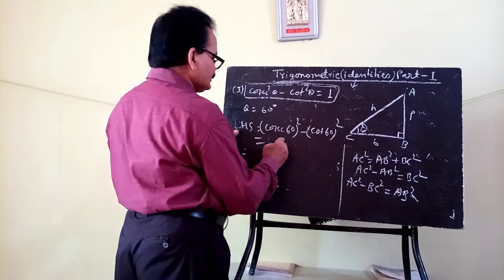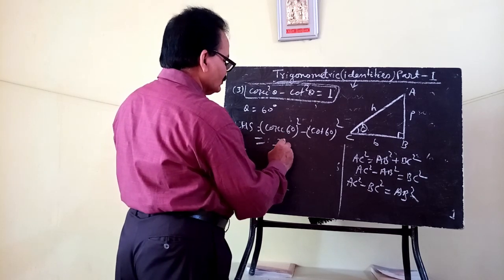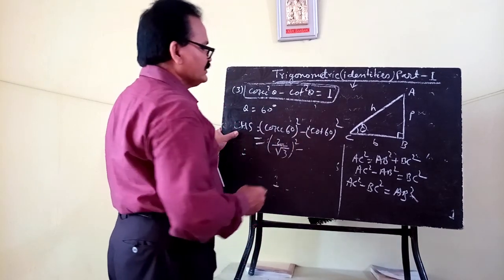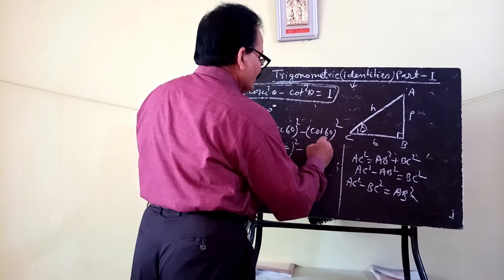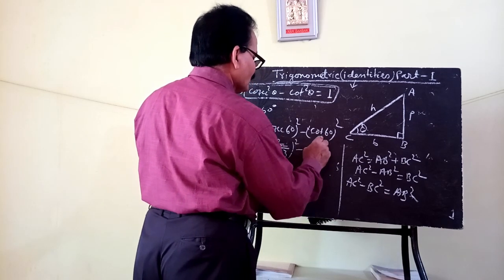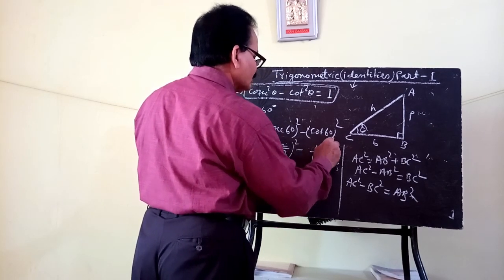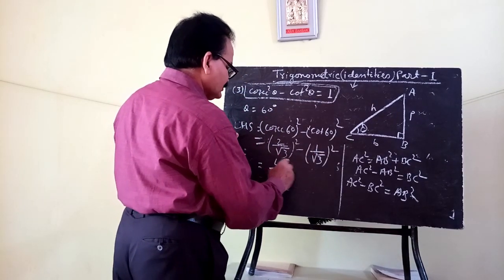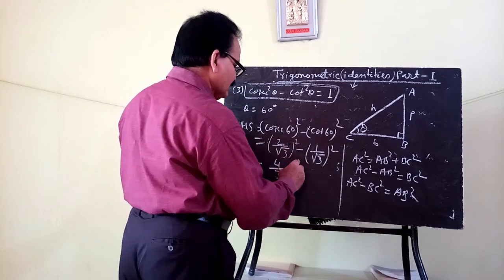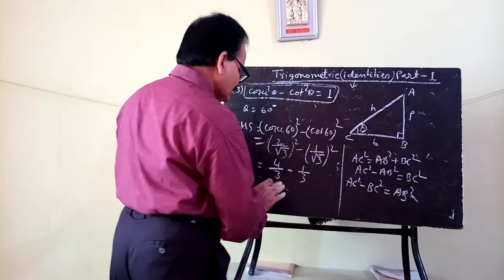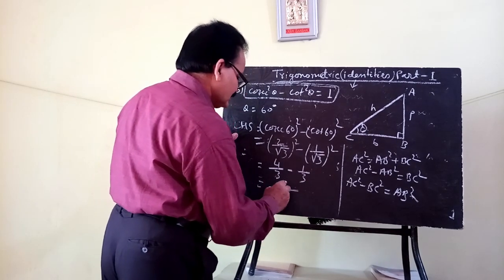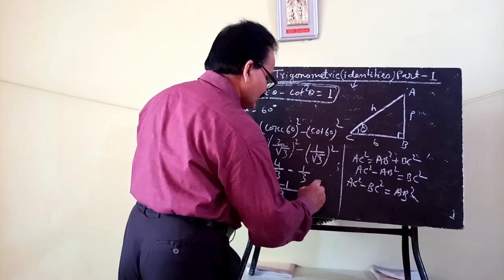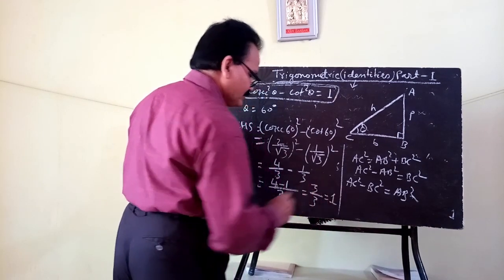Cosec 60 degree means 2 by root 3 whole square, minus cot 60 degree means 1 by root 3 whole square. Here you see after squaring this will be 4 by 3, this is 1 by 3, so 3 is your LCM, so this is 4 minus 1, again 3 by 3, so this will be 1.